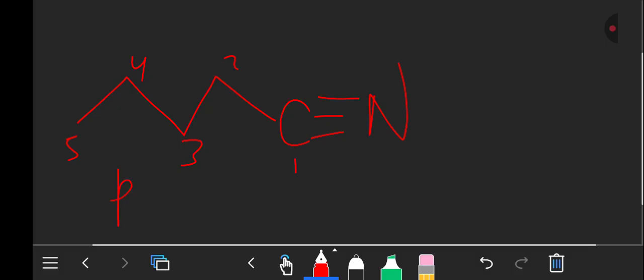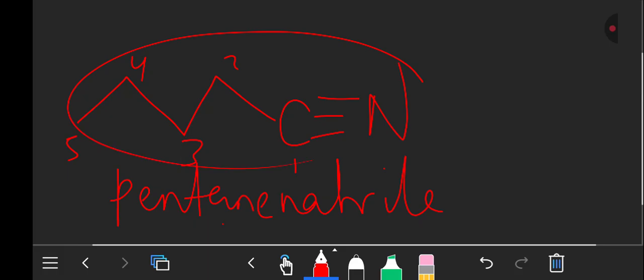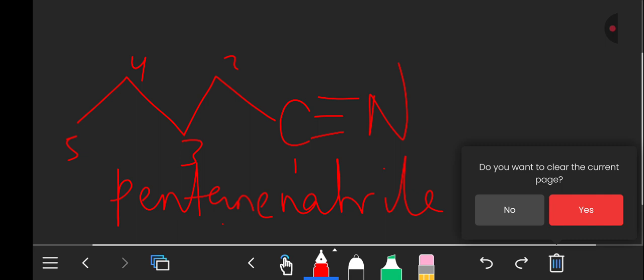So this is pentane. I'll add nitrile now as a suffix: pentane nitrile. So this is the name of this compound. Very easy, right? So this is what we call it.